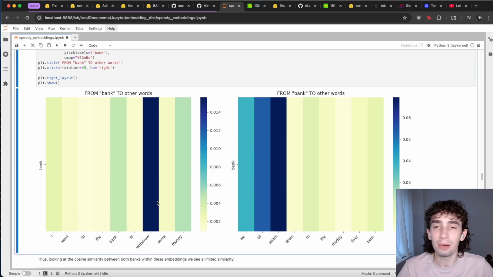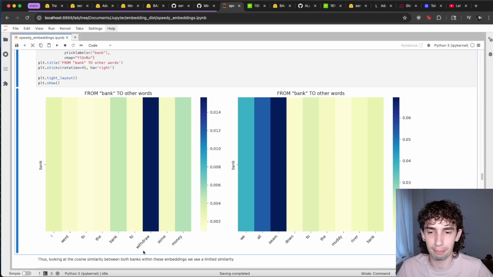We can see that the word bank is very much correlated with and influenced by the word withdraw in the first sentence. And then in the second sentence, we can see that bank is heavily influenced by swam.